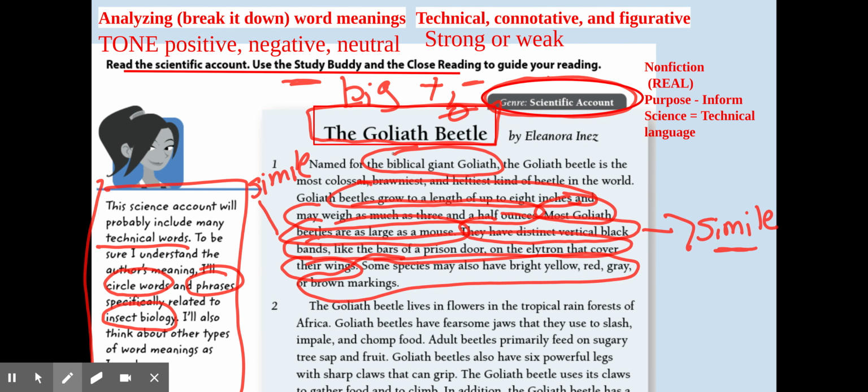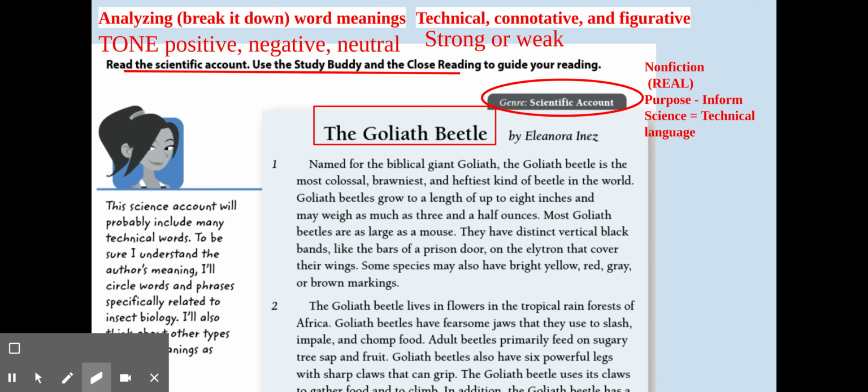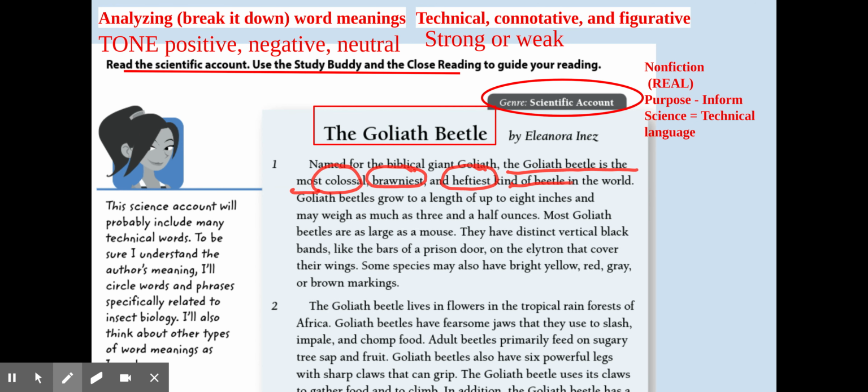Let me clear all this stuff off the screen for us so I can keep going. Because he's the Goliath beetle, he is the most colossal, brawniest, and heftiest kind of beetle. Do those words have a strong connotation or a weak connotation?